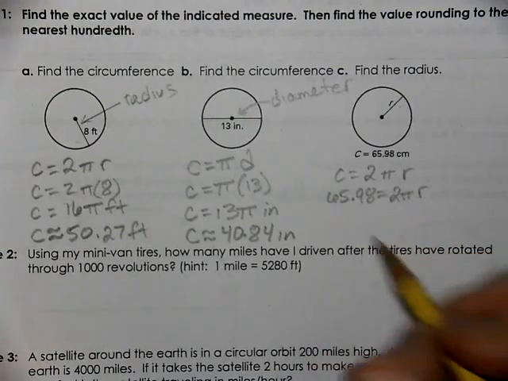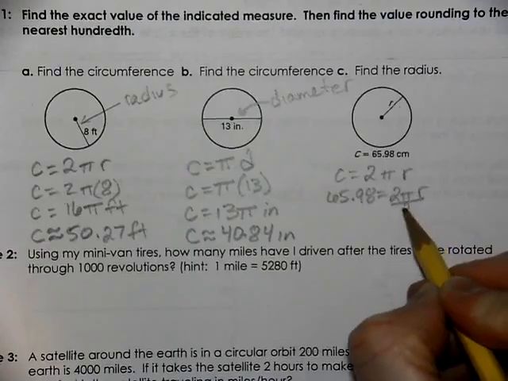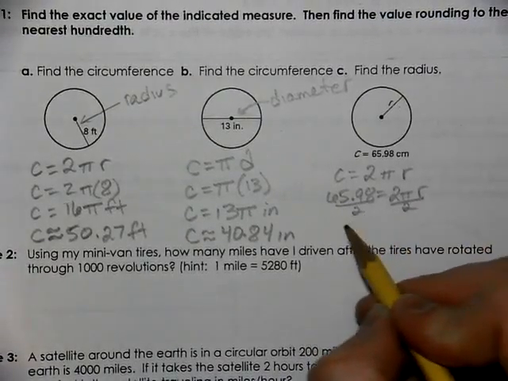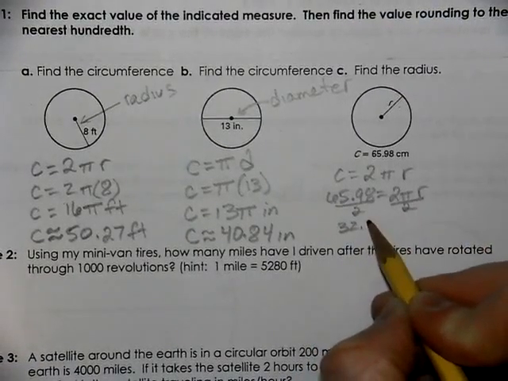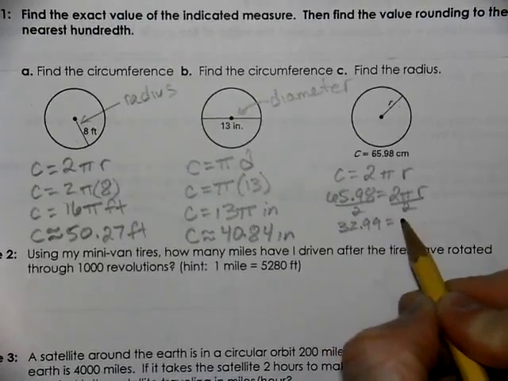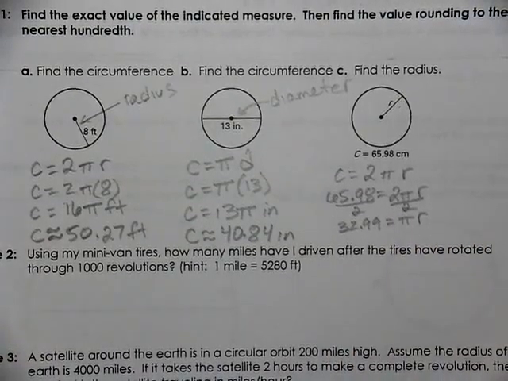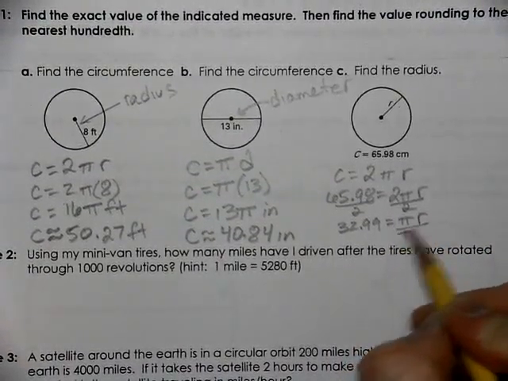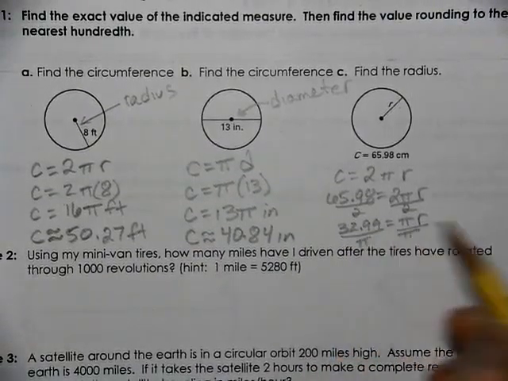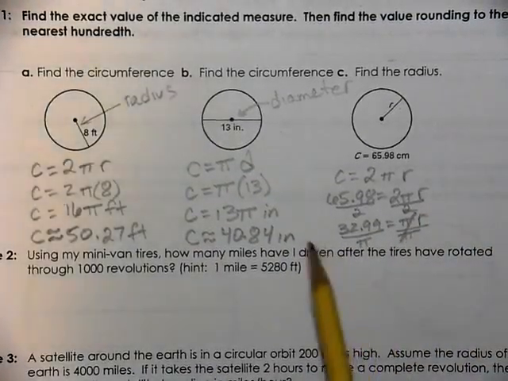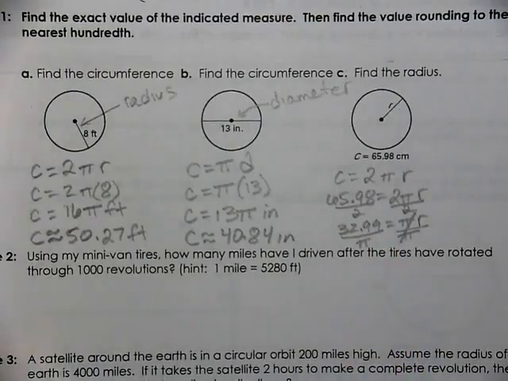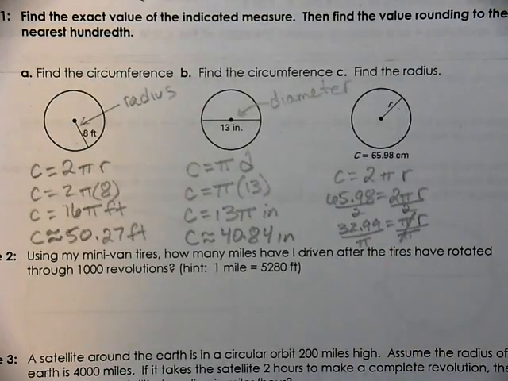Could divide by 2, then by pi. If we divide by 2 first, we're going to get 32.99. That equals pi times r. Then we can divide by pi, and that would be the exact answer, 32.99 pi. That's the exact answer of our radius.